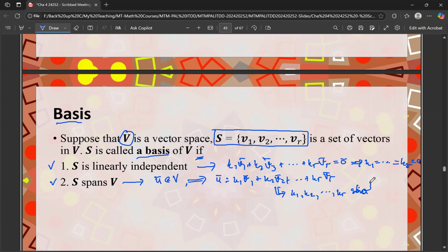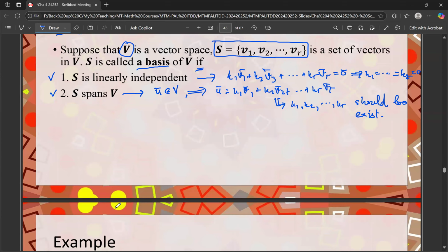Jadi harus ada, harus diketemukan. Sometimes they do not exist. In that condition, we can say that S does not span V. But if we can find K1, K2 up to KR, then we say that S spans V.